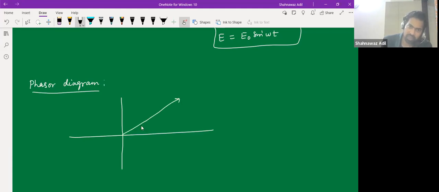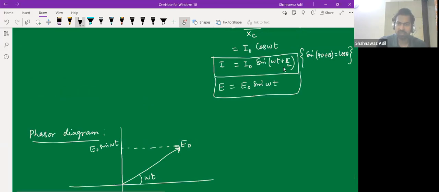So the angle is omega t, this is E naught, so this would be E naught sine omega t.